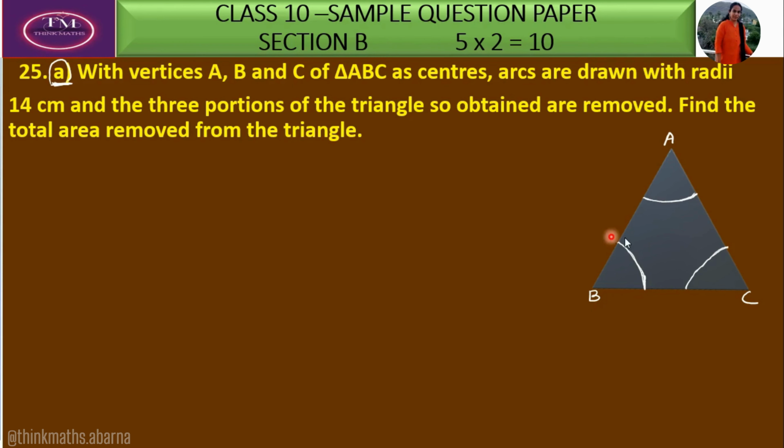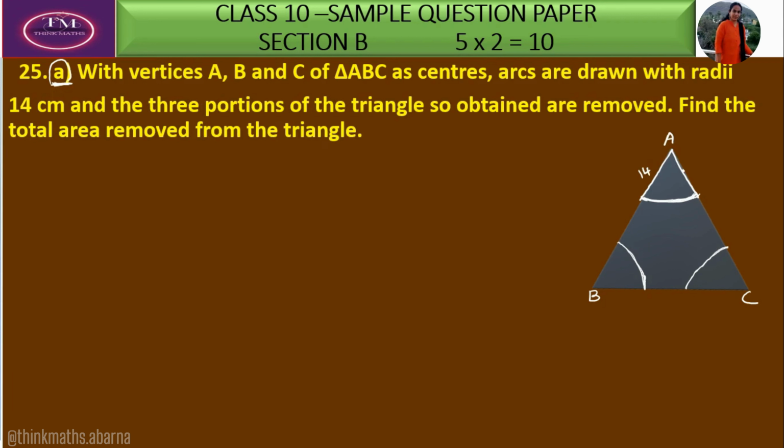Okay, children. Now, with this A as center, they are taking the radius as 14 centimeter. So this will be the 14 centimeter and we are drawing an arc. So it looks like the sector. So it is nothing but area of the sector.